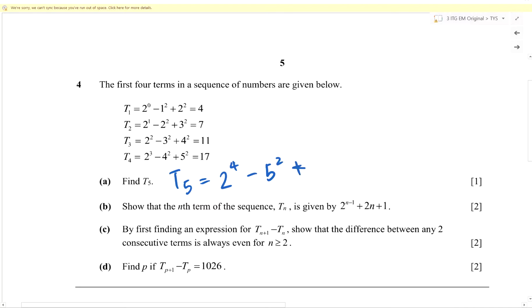Plus, next we've got 5 squared. Instead of 5, it is actually all the term number plus 1. And plus 1 squared. So this will be 5 plus 1 squared. Then we use our calculator. 16 minus 25 plus 36, and we get 27.